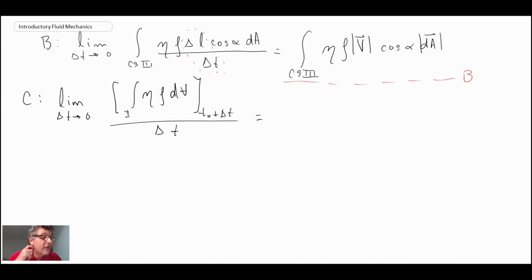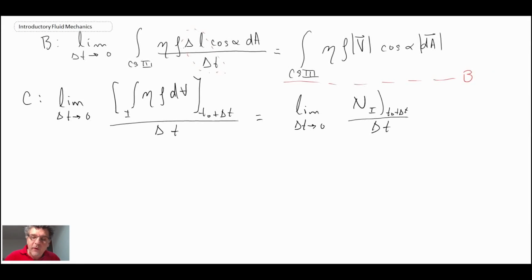So that was the expression that we had, and so what this translates into is basically what we need to do is come up with an expression for our extensive property at time t0 plus delta t in region 1.